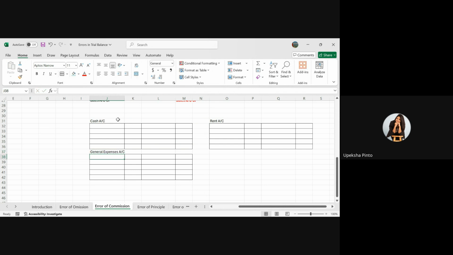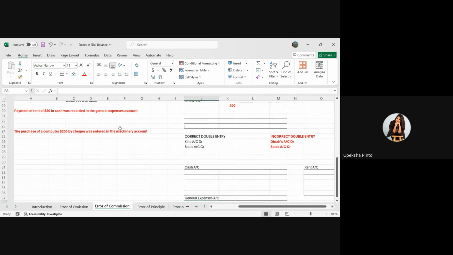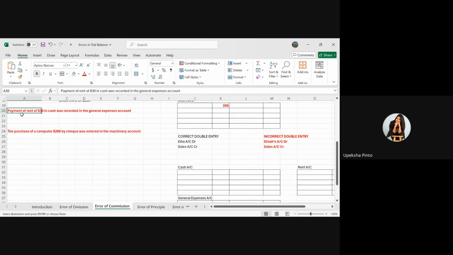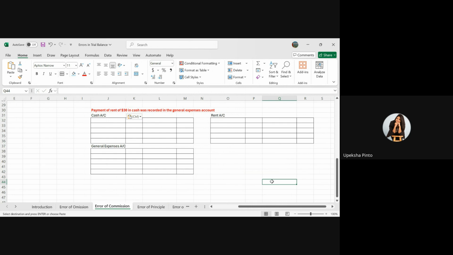These are the accounts we have, right? What is the mistake again? I'll bring it here, then you can see it clearly. Okay, so you have this: a payment of rent for $30 in cash was recorded in the general expenses account, right?